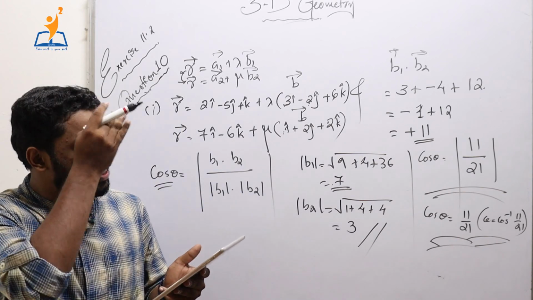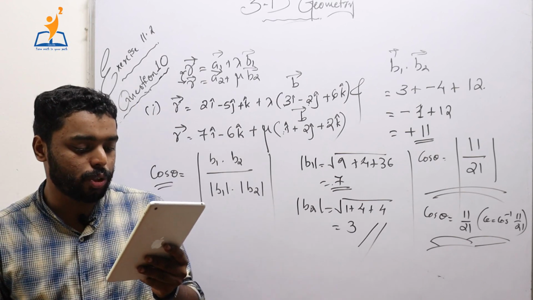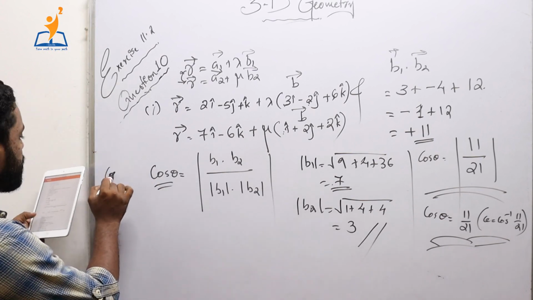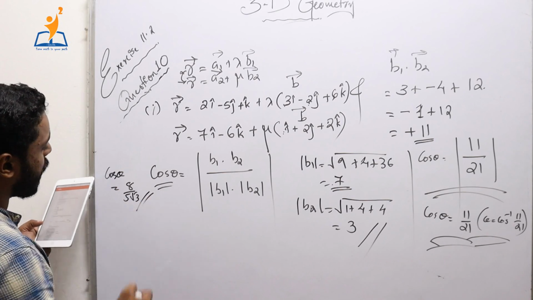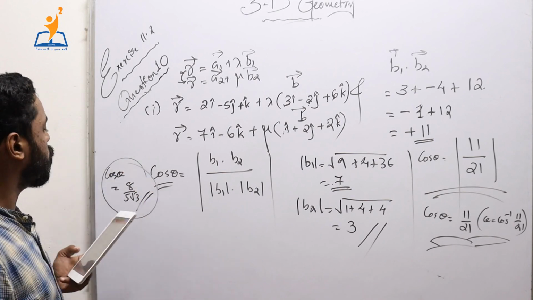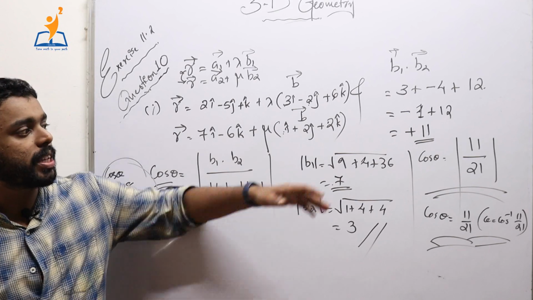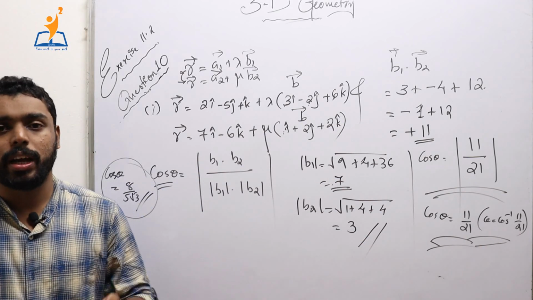You can do the same question just using the same method to find the angle between two lines, and you will get cos theta is equal to 8 by 5 root 3 on solving the entire equation by using this process. So you can easily find cos theta. So we shall move on to the next question.